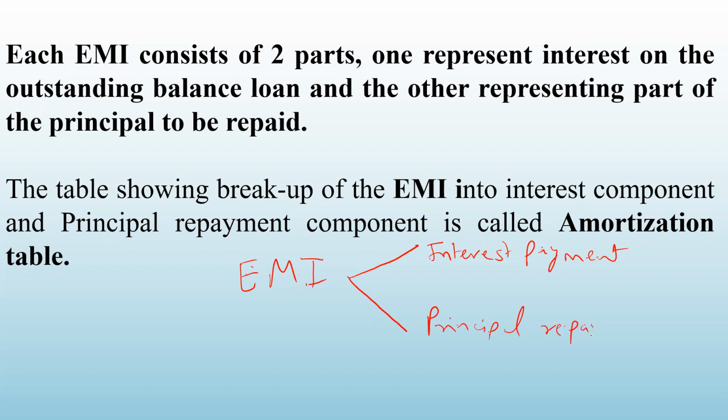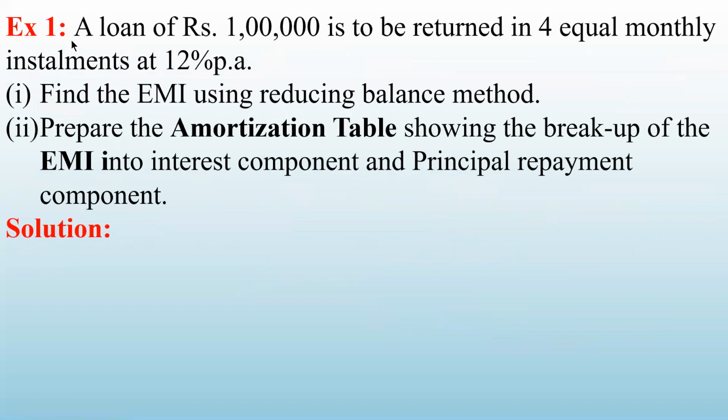That is why we say that the EMI is breaking up into two parts: one is the interest payment component and the second one is the principal repayment component. The table which shows that breakup is called an amortization table. I will show you this with the help of one example. So let us solve one problem.